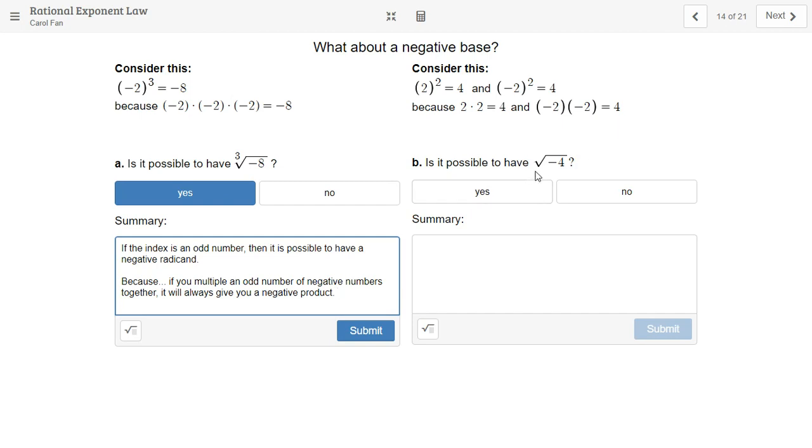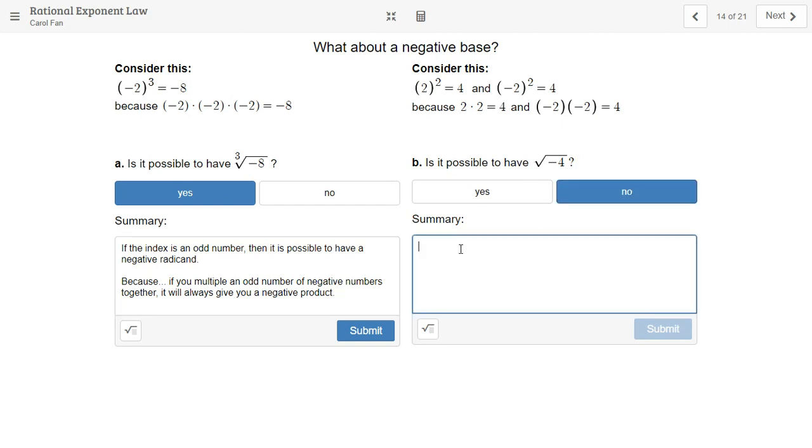So is it possible for us to have the square root of -4? The answer is no, because when I have an even index, in this case the implied 2, then it's impossible to ever have a negative radicand.